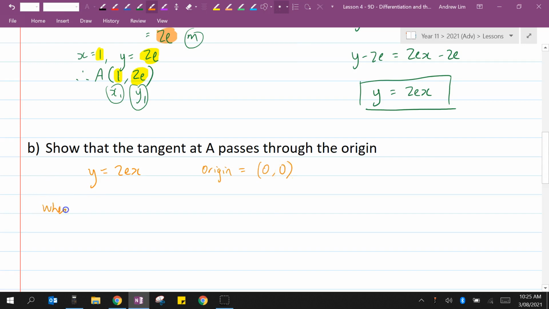So when x is equal to 0, what is y equal to? Y is equal to 2e times 0, which is 0. And we can say, therefore, the tangent at A passes through the origin, (0, 0).